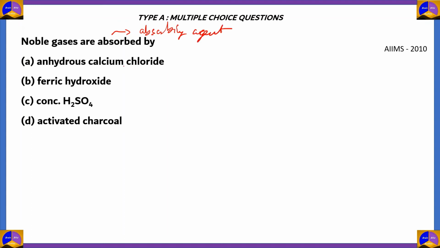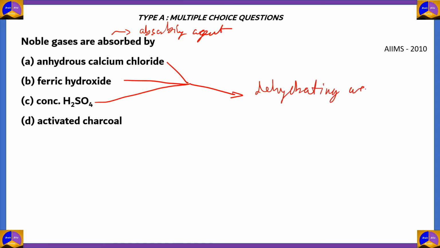But when we study calcium chloride, ferric hydroxide, and concentrated H2SO4, all of these are dehydrating agents. So they are primarily dehydrating agents, so they're not good at absorbing noble gases. So options A, B, C are incorrect. That leaves us with option D, activated charcoal, which is a very good absorbing agent.